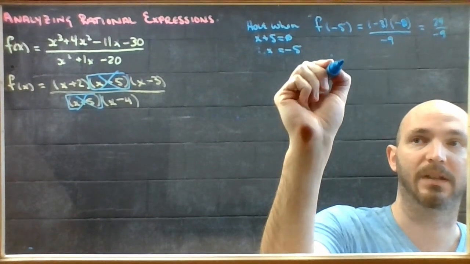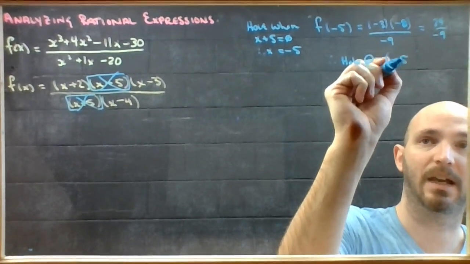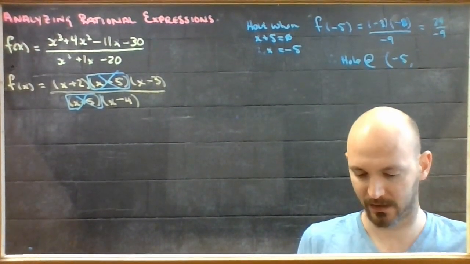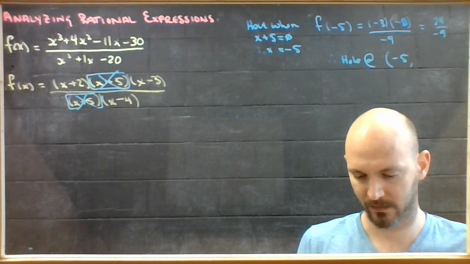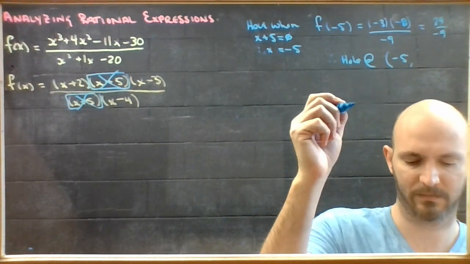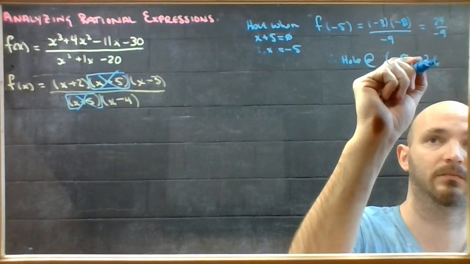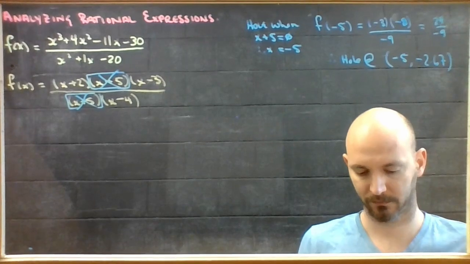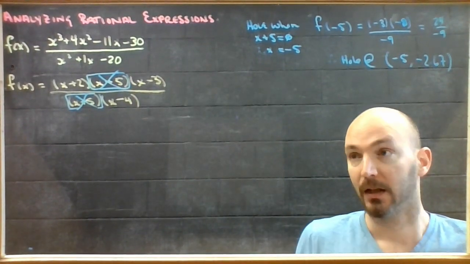So therefore, there's a hole at -5 on the x, and 24 divided by 9, it's like 2.5555 or something. .667. Yeah, okay. All right. So found a hole, no problem.